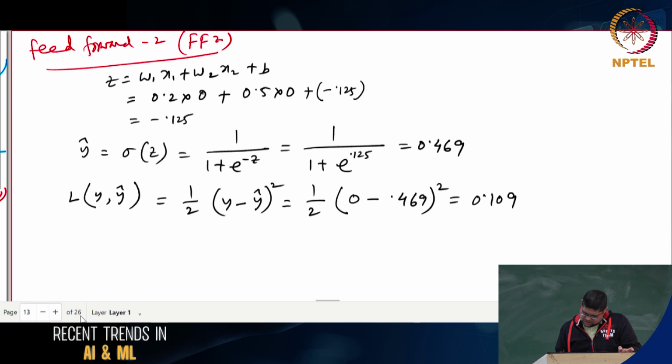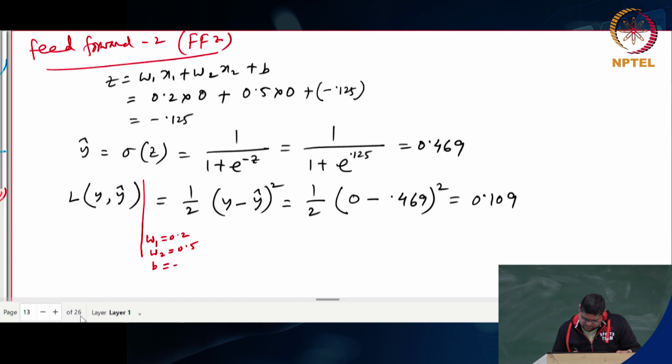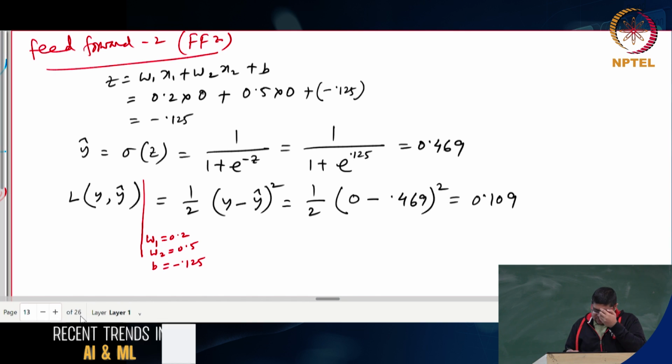So this loss is with respect to W1 equal to 0.2, W2 equal to 0.5, B equal to minus 0.125. I am denoting it as L2.